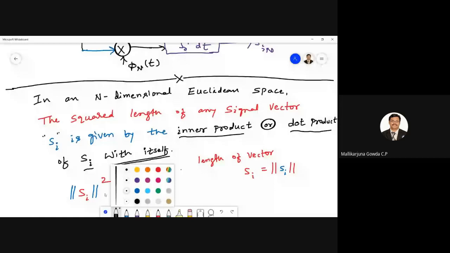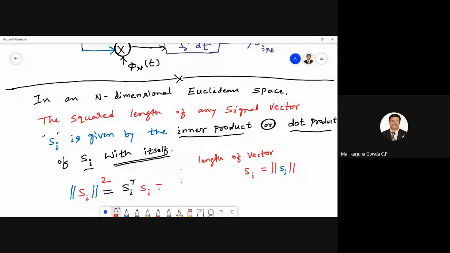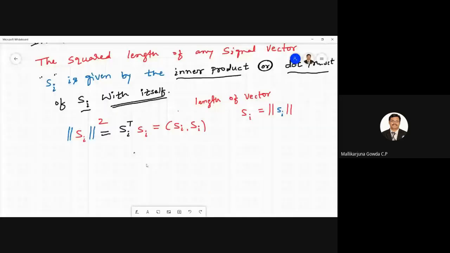Usually I write the inner product as Si transpose into Si, or Si comma Si. So the squared length of the signal vector is the inner product or dot product of the signal vector with itself. This is how I represent it mathematically.